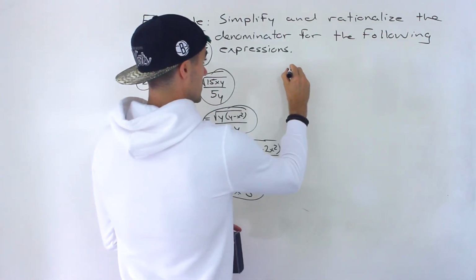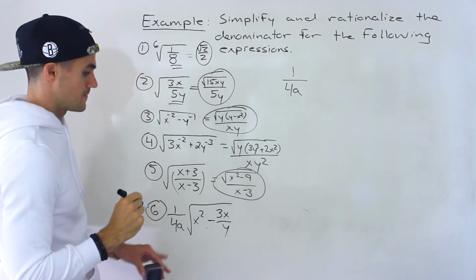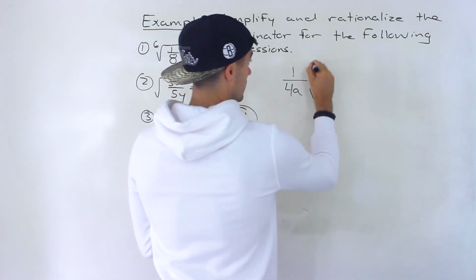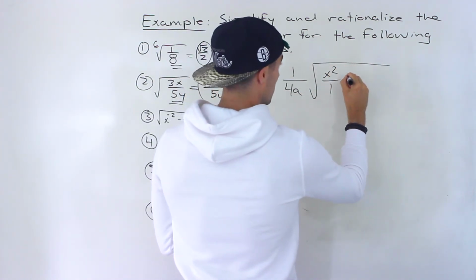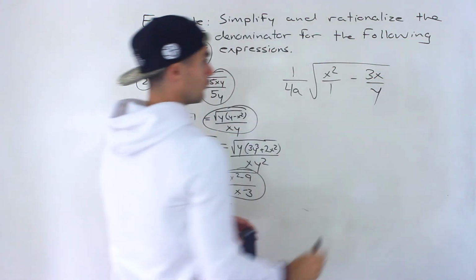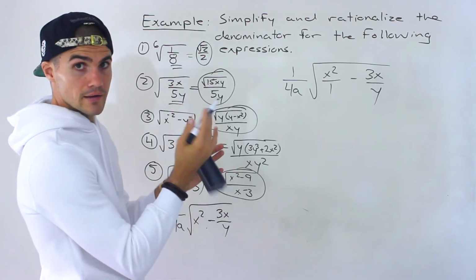This one's going to be a little hectic, but not too bad. So 1 over 4a, here, got to combine these into one fraction. So I'm going to rewrite the x squared as x squared over 1 minus 3x over y. Common denominator between 1 and y is y.